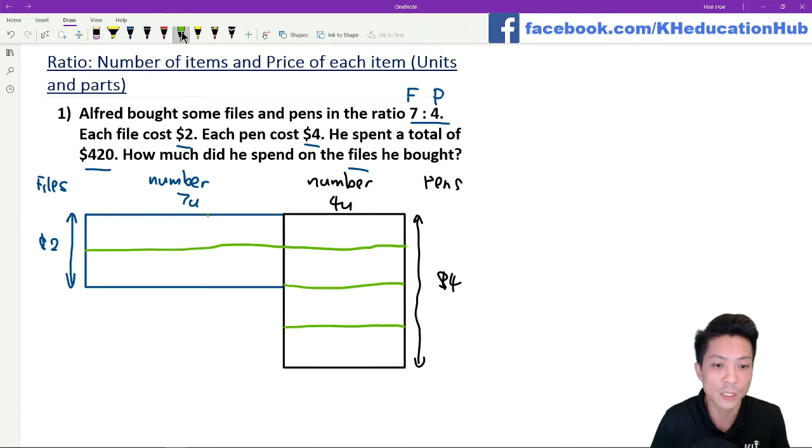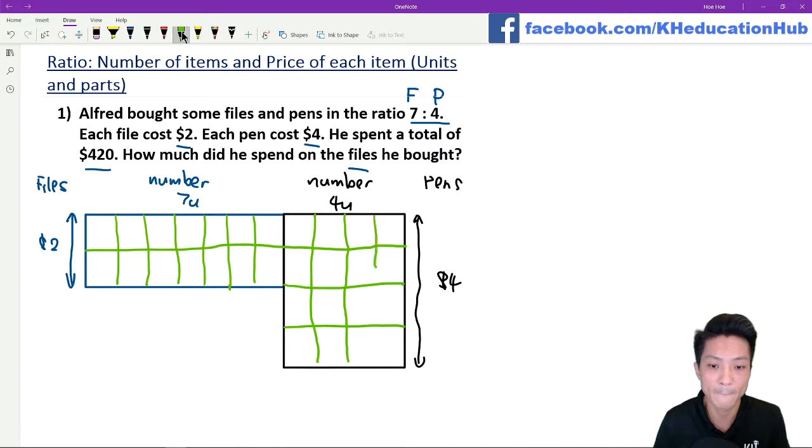I'm going to try and cut it into equal parts. And for the pen, it will be cut into 4 columns. So we know that each one of this is equal to each one of these, right?